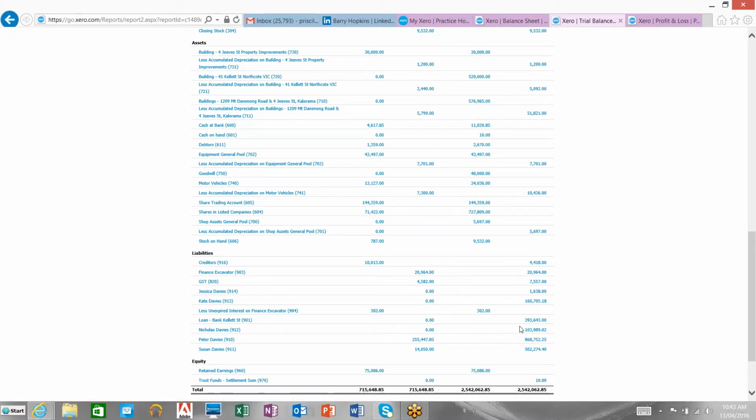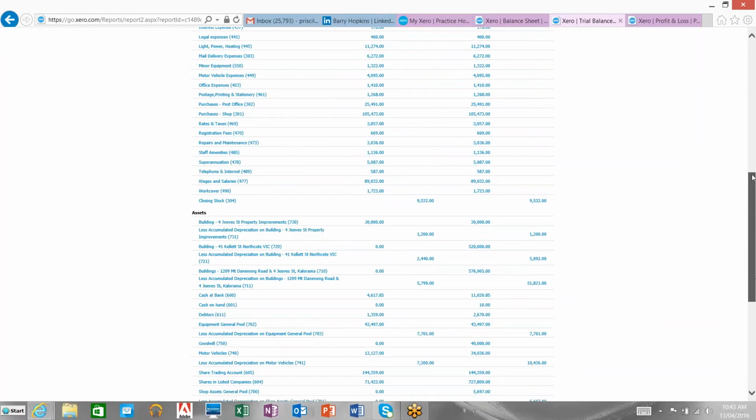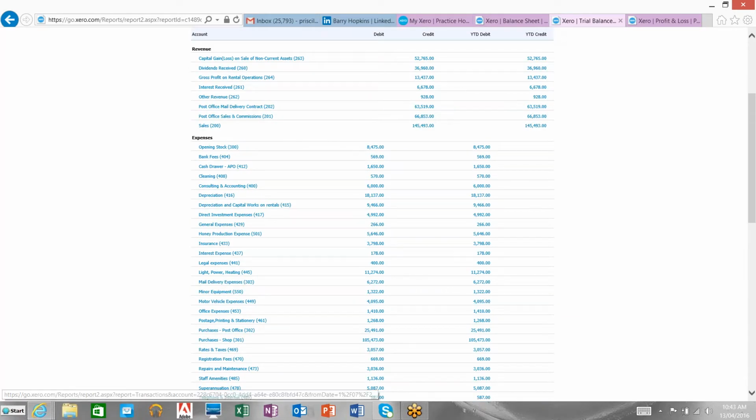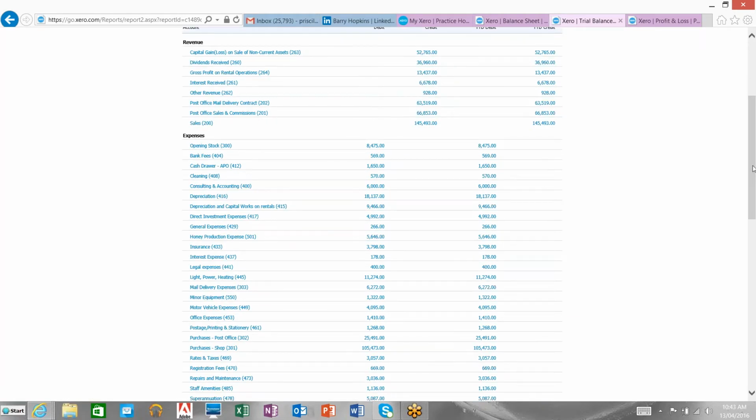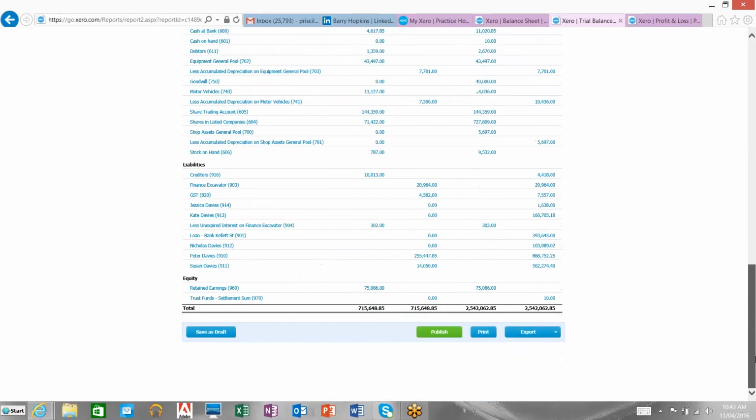This is more obvious. What I suggest, if you really want to see only this year's and not the month, and analyze it from there, is to export it to Excel and then just delete these two columns.